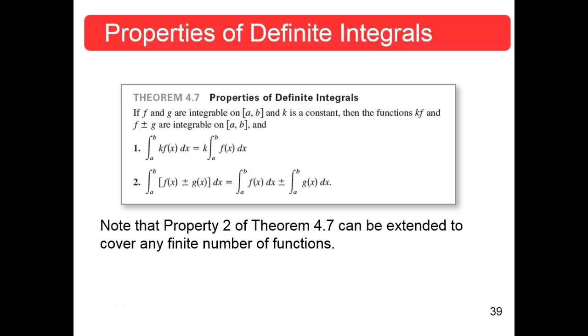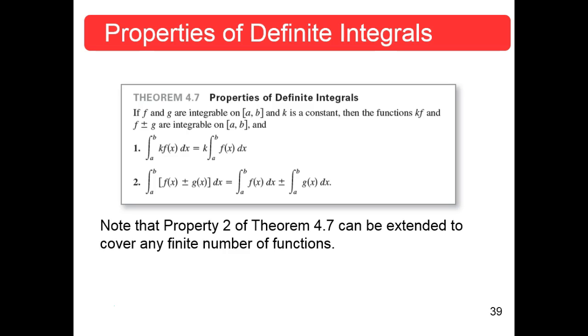Or if you're adding or subtracting two functions that are both integrable, then you can split them up. The integral of a sum or a difference is the sum or the difference of their integrals. Just like you would expect. It works this way for sums, it works this way for integrals.